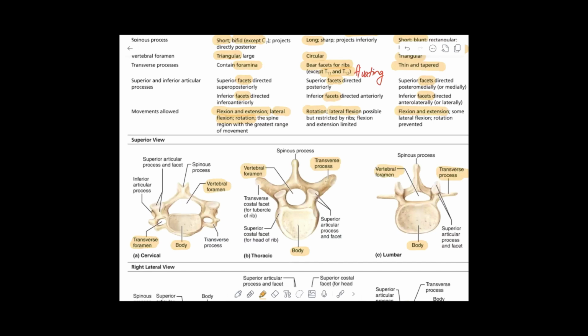And there are the transverse processes, which I've already mentioned. And then there are the processes with facets on them, which allow them to articulate with the one above or below it. And then protruding posteriorly that you can feel in the back of your spine are these spinous processes.